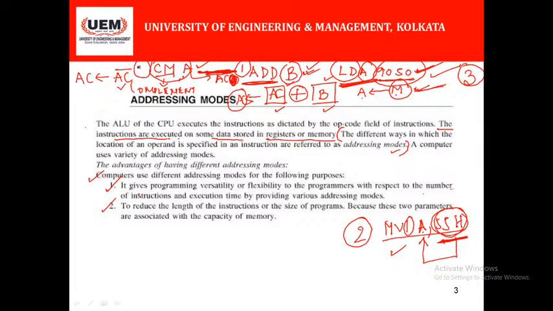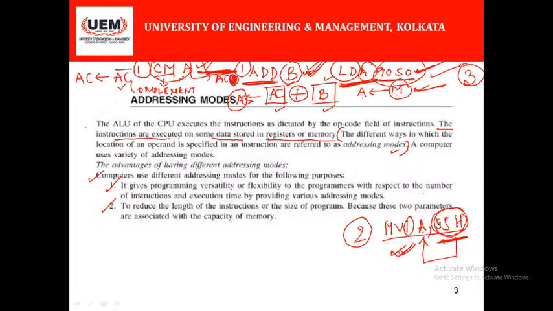CMA is a 1 byte instruction. Similarly, CMA is a 0 address instruction, ADD B is basically a 1 address instruction, and MVI A, 55 is a 2 address instruction. So it will reduce the length of the instructions or size.